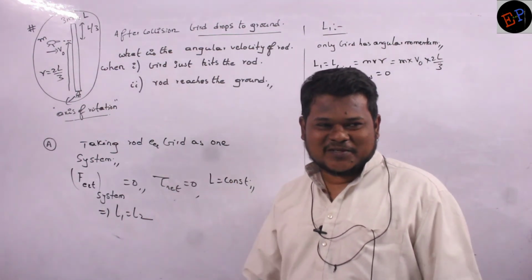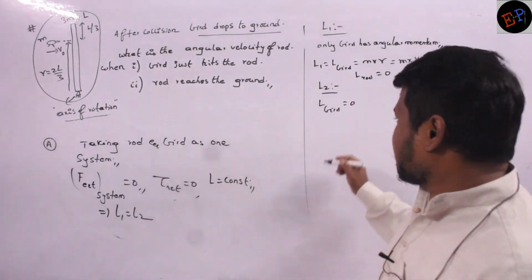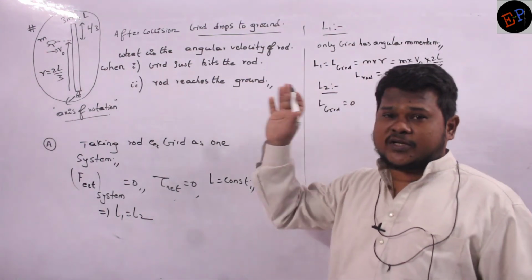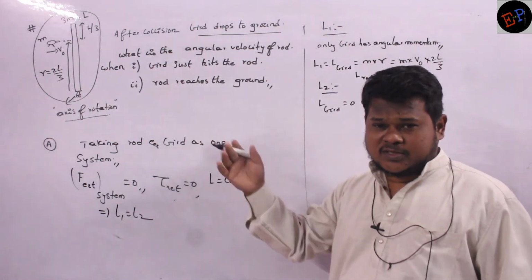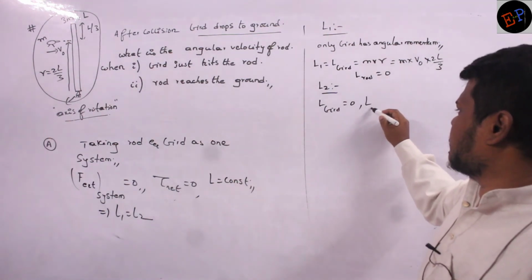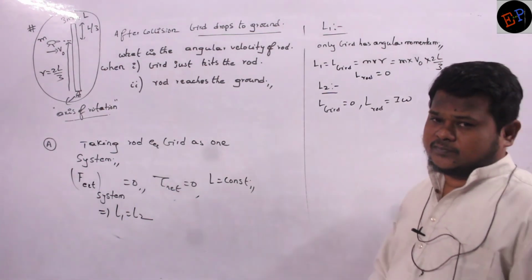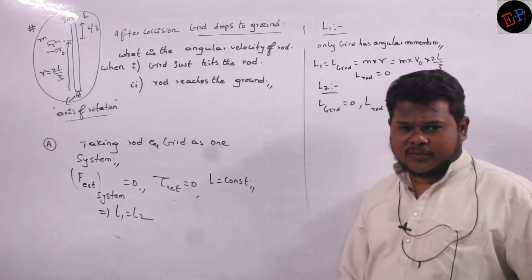Its angular momentum has become 0. But the rod starts rotating. So what is the angular momentum of the rod? I can write I into omega, which is one formula for angular momentum.